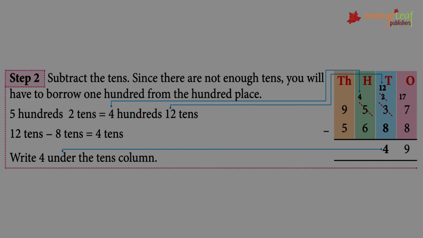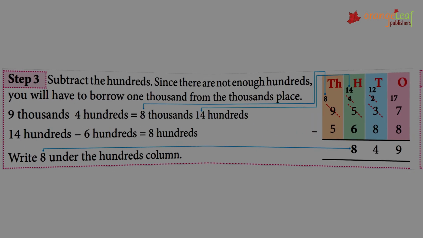Step 2. Subtract the tens. But since there are not enough tens, we are going to be borrowing from the hundreds to the tens place. Therefore, 5 hundreds 2 tens would further become 4 hundreds 12 tens. 12 minus 8 is equal to 4. Therefore, 4 would come under the tens column. Step 3.